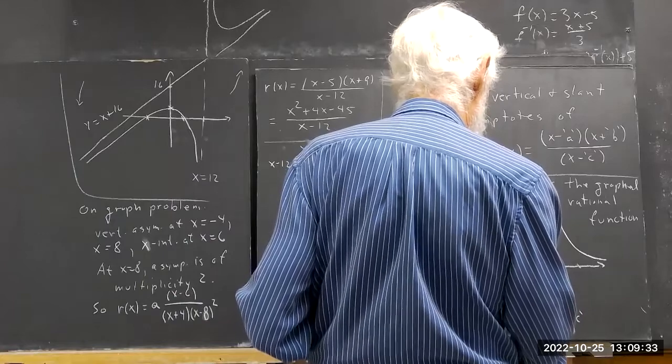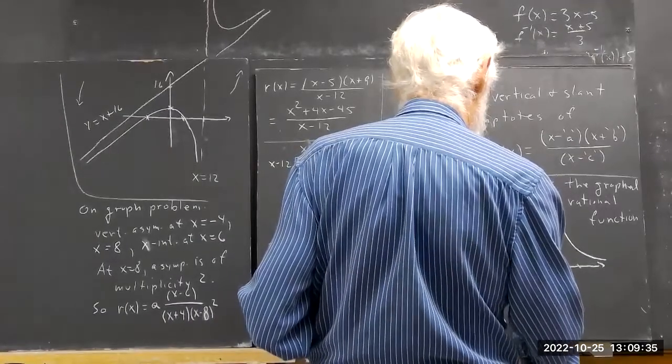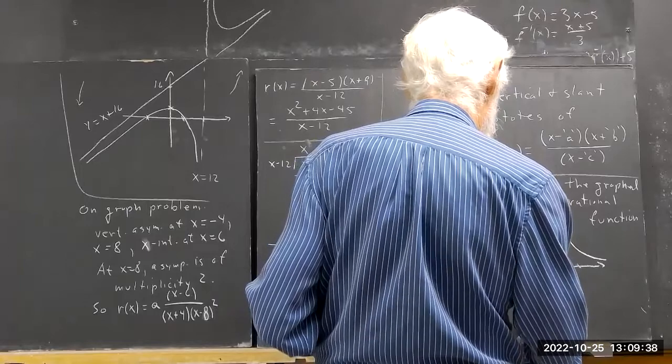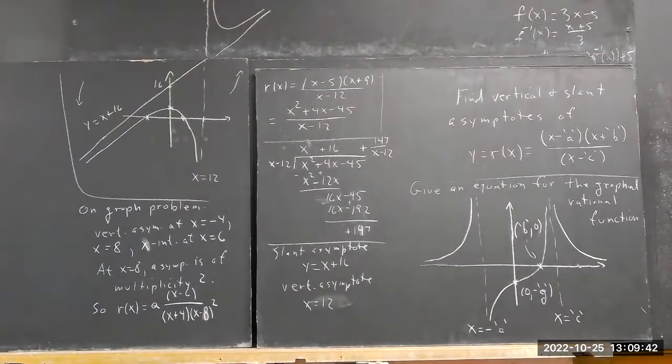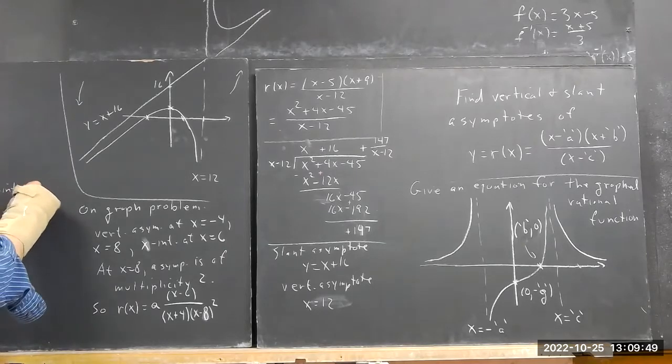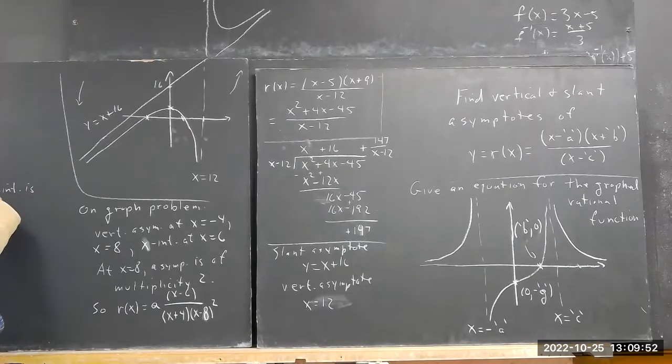Let's say this point is (0, -g). Okay. So then R of 0 equals -g.